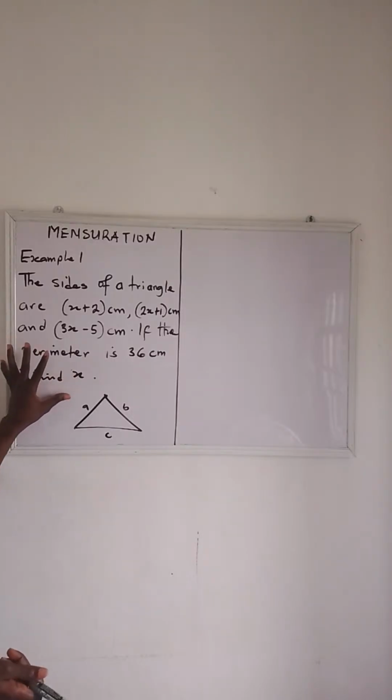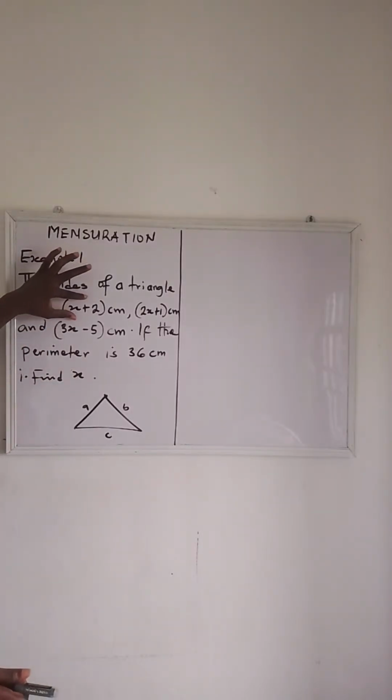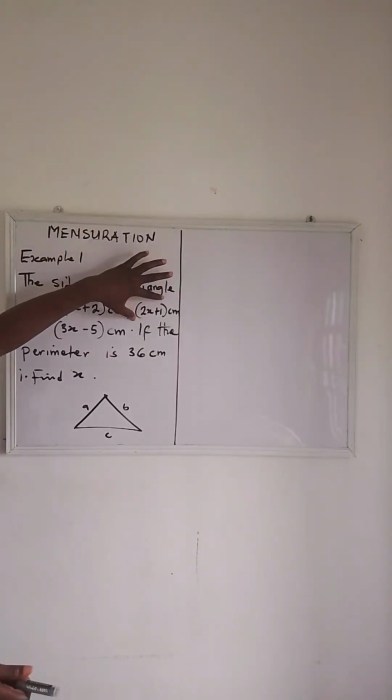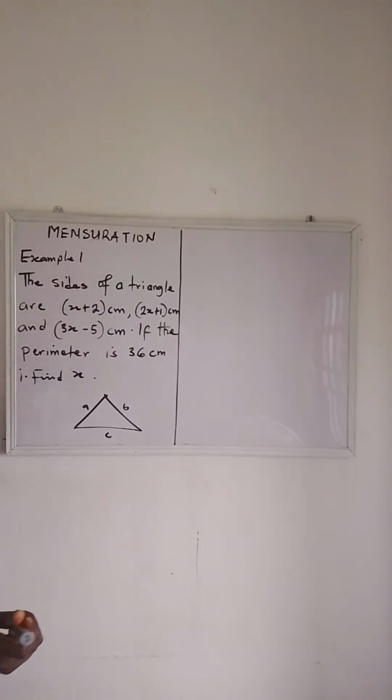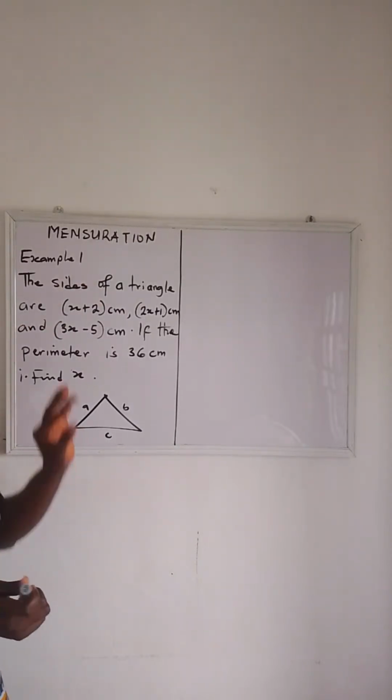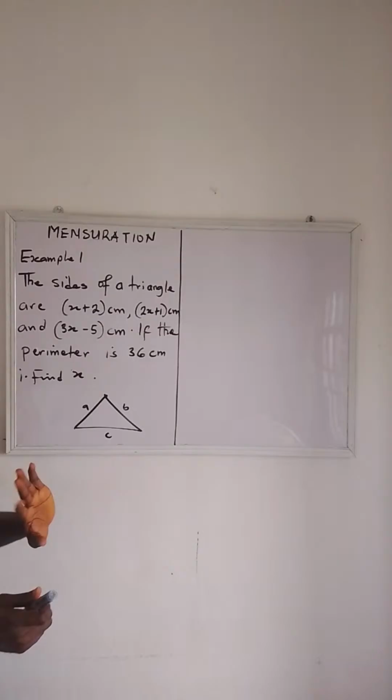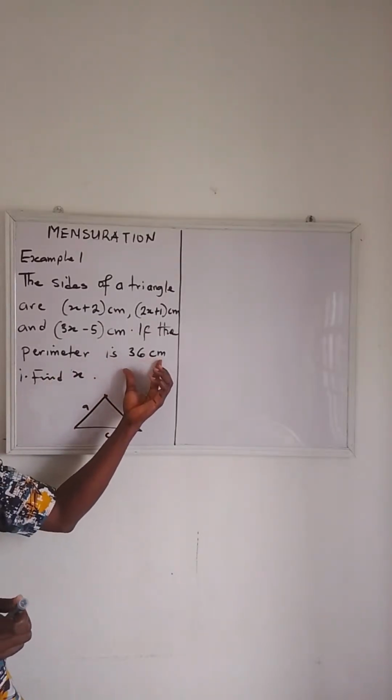In this question, we have been told that side A is x plus 2, side B is 2x plus 1, and side C is 3x minus 5. So to find the perimeter, we need to add all these sides together and equate it to 36.